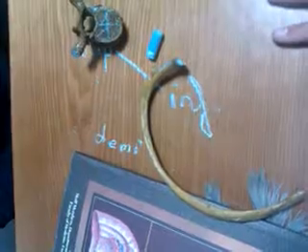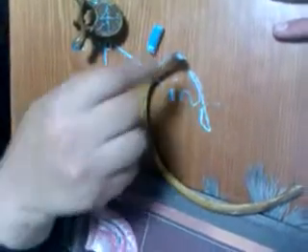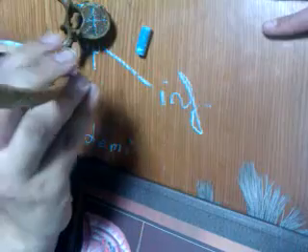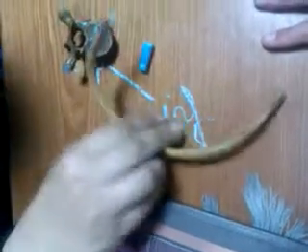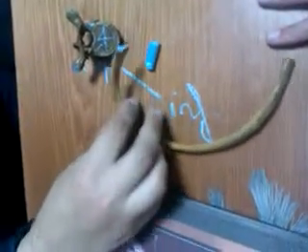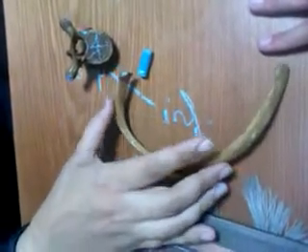This is posterior, this is anterior. This is the upper round border, this is the lower sharp border. This is the outer convex surface, this is the inner concave surface. So it is the right.